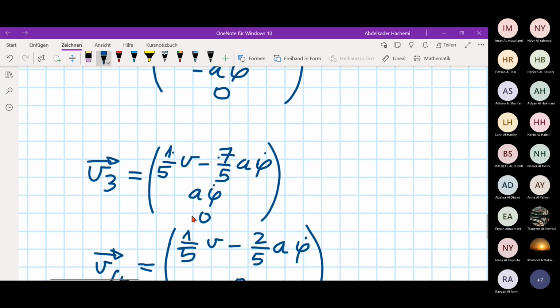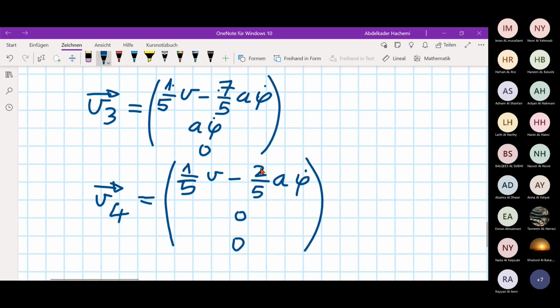A also it's given. The problem is v dot, it's not given. Okay, to completely solve the problem, we have to determine now v dot.